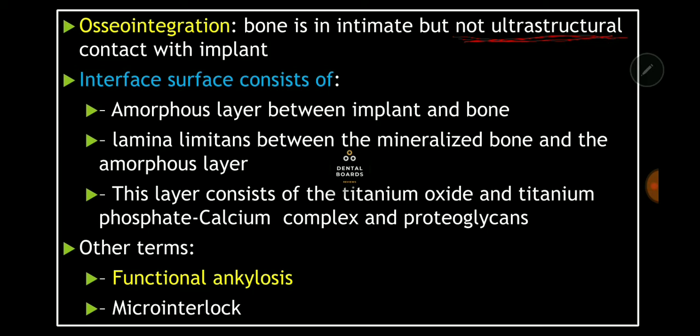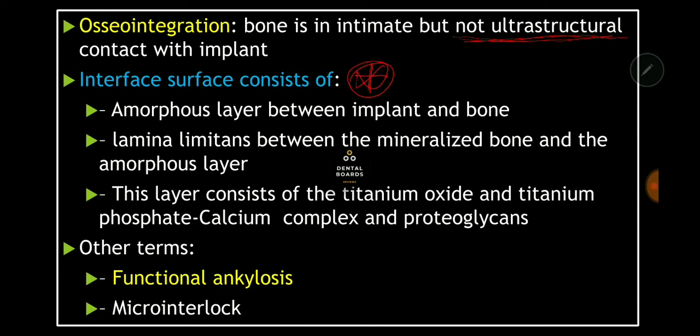And how about the interface surface of the implant? What does it consist of? The implant interface consists of, one, the amorphous layer, which is formed between the implant and the bone, and then the lamina limitans between the mineralized bone and the amorphous layer. Make sure you know and memorize the sequence.